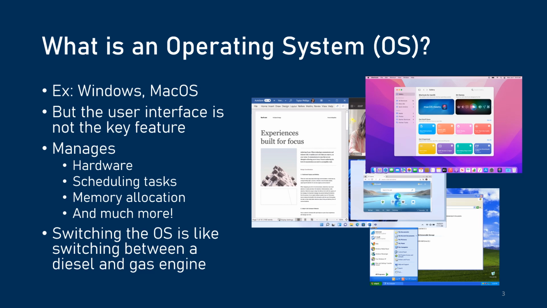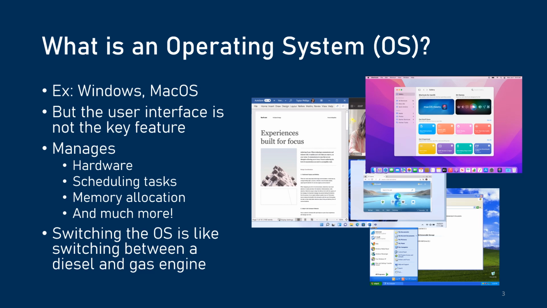But the user interface, while the most noticeable feature of these operating systems, is not the key feature. In your day-to-day, what clues you into what operating system you're using is what you see, the user interface. And this drives a lot of the opinions on operating systems when you're, say, choosing what computer you want to use or purchase.